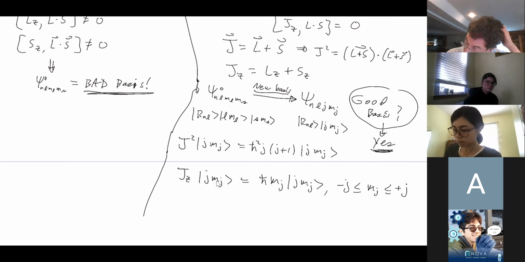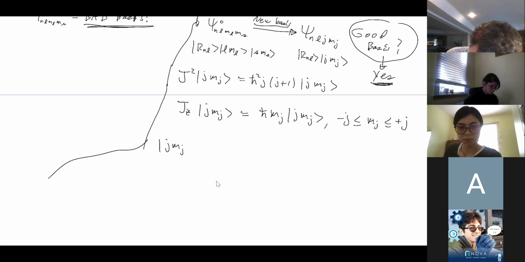And what is this new state, J M sub J? Well, this is just the addition of angular momentum, which we did.